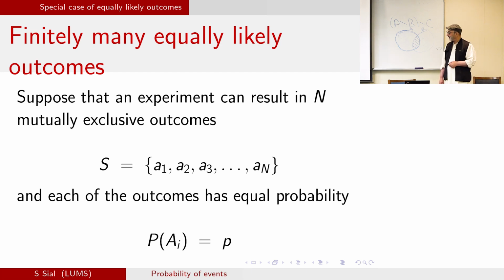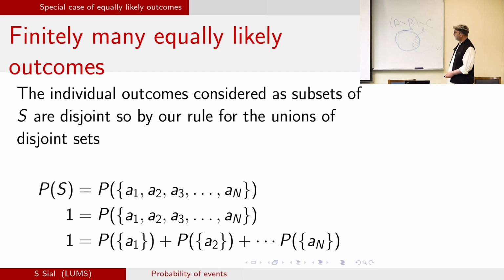Okay? So the probability of each of these A_i is equally likely, so let's call that P. So the probability of the sample space is 1. This is the list of equally likely outcomes.